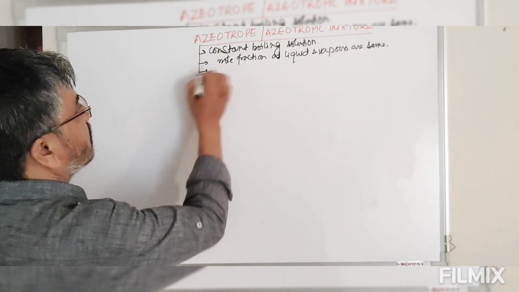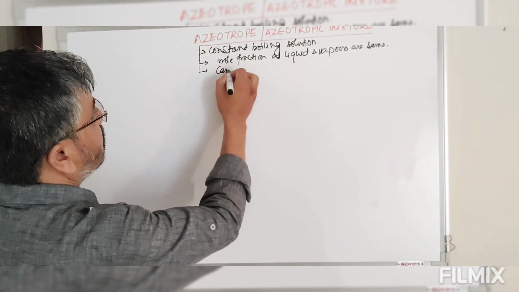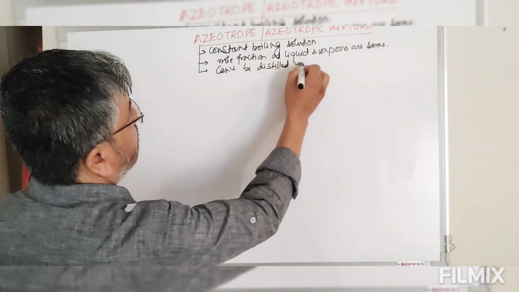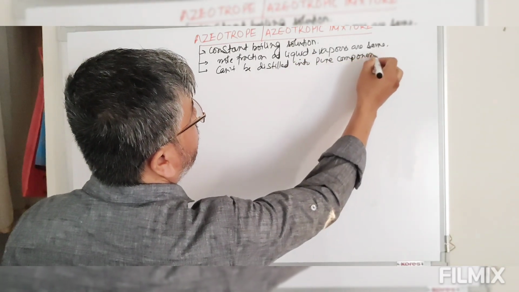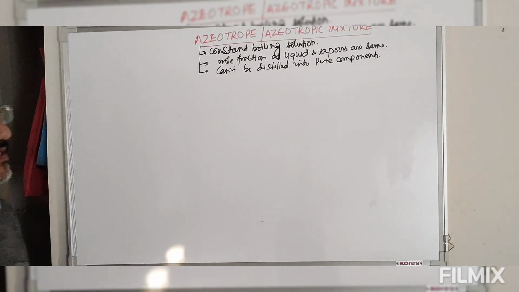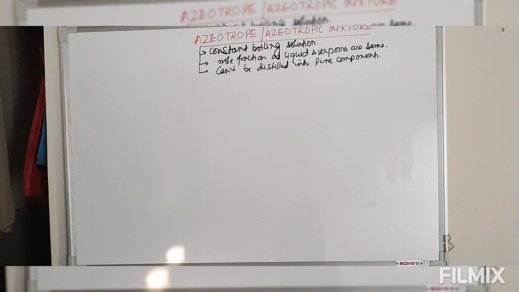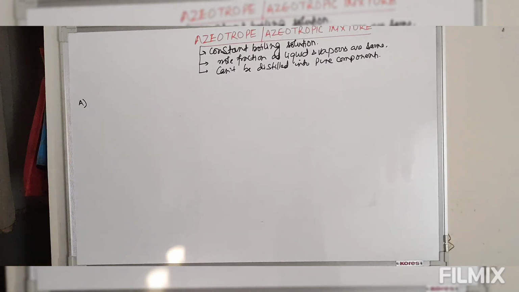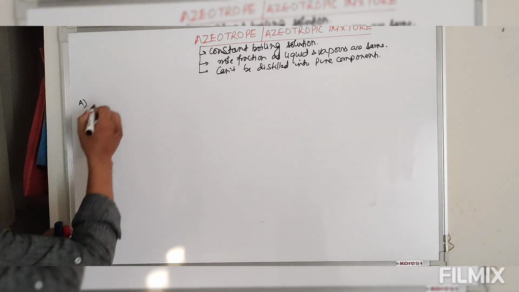Now this azeotropic mixture cannot be distilled into pure components. Now this azeotropic mixture is of two types. So first look at this. A solution with positive deviation will show a minimum boiling azeotrope.